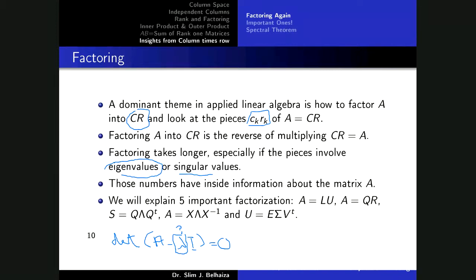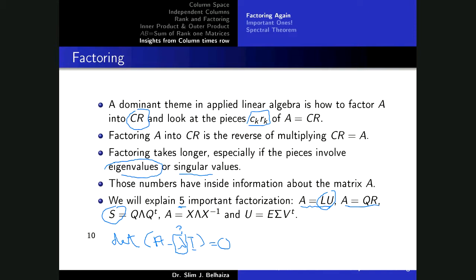It's already enough. So in the next part, I'll talk about one important factorization among these 5. First of all, in this course in general we'll talk about 5 important factorizations. The first one, I think we've seen it before: the LU factorization, or what we call LU elimination. We'll talk about the factorization QR. We'll talk about the factorization where S is a symmetric matrix, and you can write it as Q lambda Q transpose, where lambda is capital lambda in Greek.